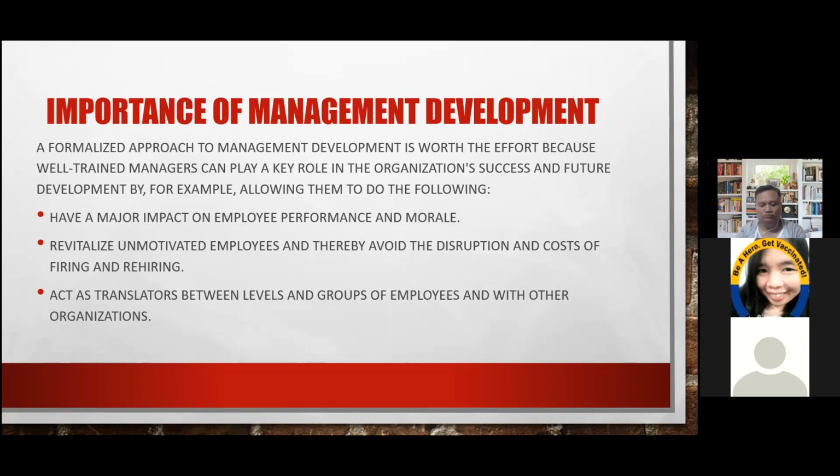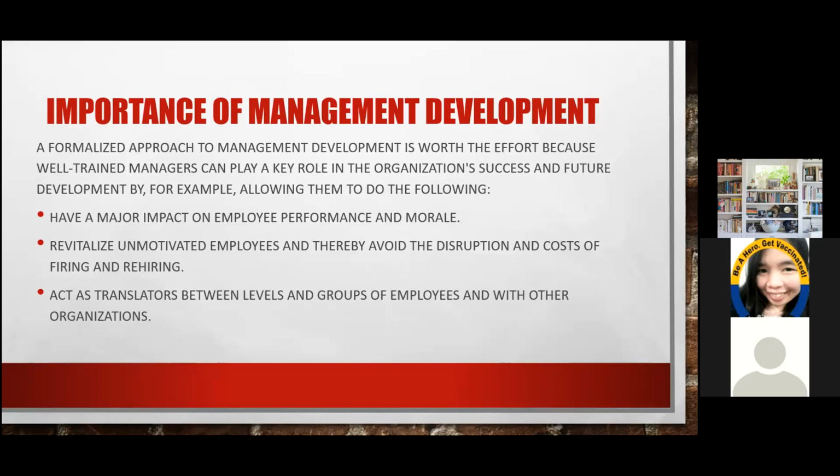A formalized approach to management development is worth the effort because well-trained managers can play a key role in the organization's success and future development by, for example, allowing them to do the following.